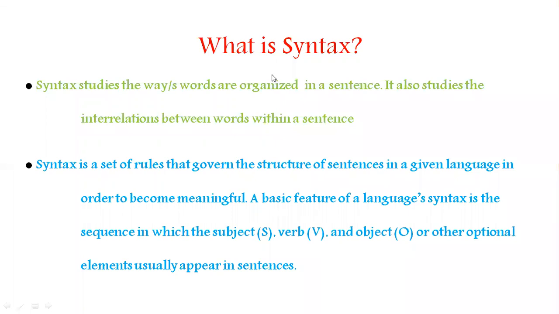Before we proceed to phrase and phrase structure grammar, let me acquaint you with the general meaning of syntax. Syntax does two important things. Syntax studies how words are organized in a language.